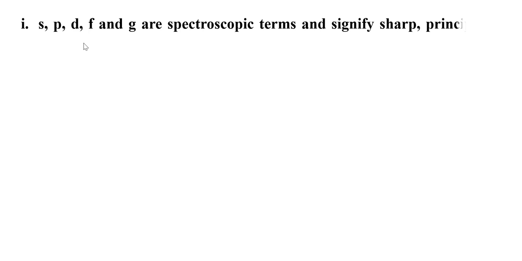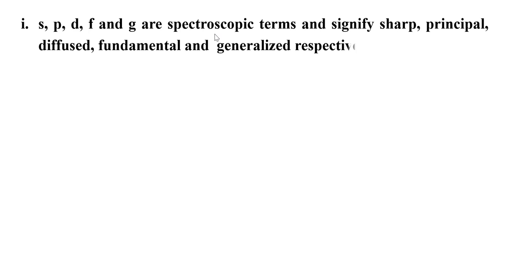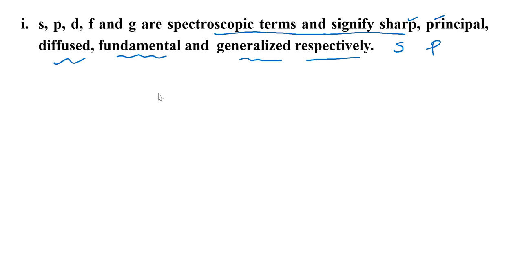Next, these s, p, d, f and g are the spectroscopic terms and signify sharp, principal, diffused, fundamental and generalized respectively. So s orbital, p orbital, d orbital, f orbital, g orbital. But in g there are no electrons as of now. So this is the meaning of s, p, d, f, g.